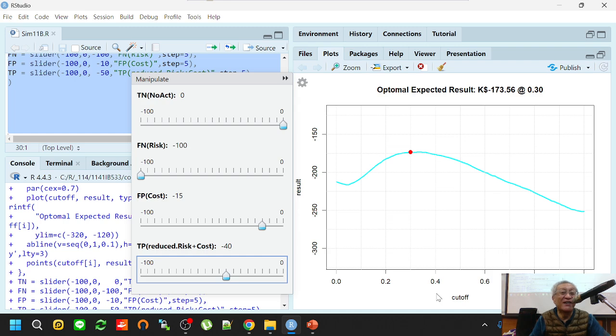So we know in what scenario, in what situation, how our optimal solution would change with the actual business situation. That is the basic idea that we learned last week.